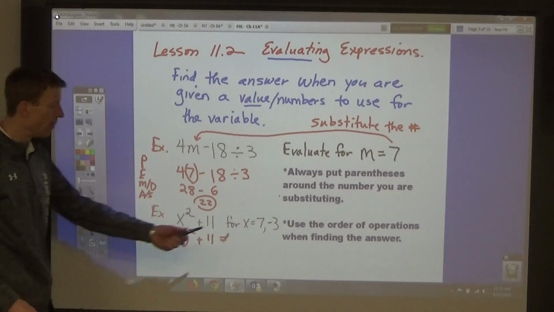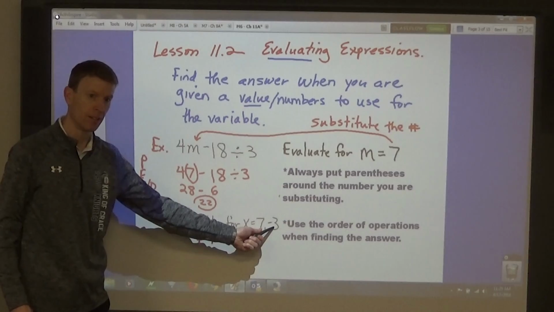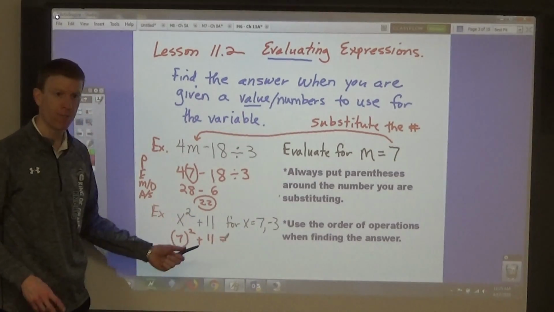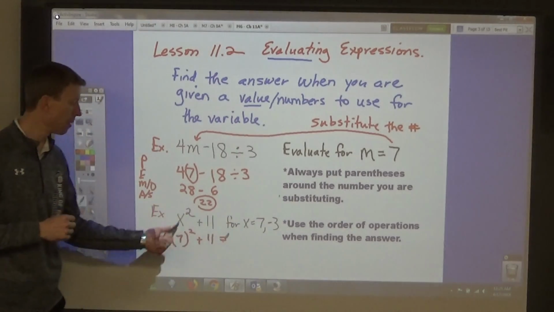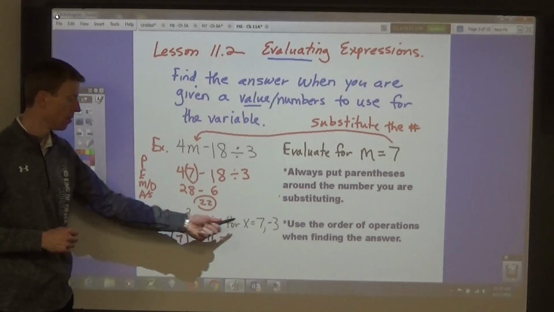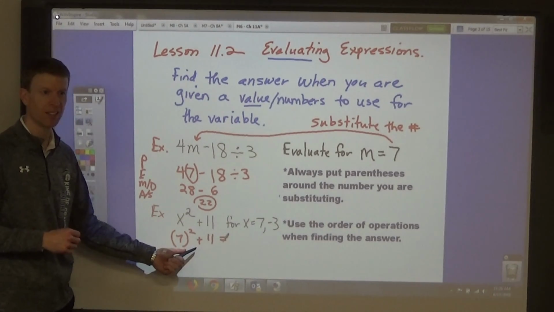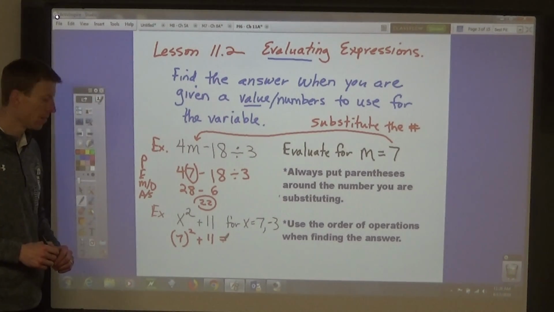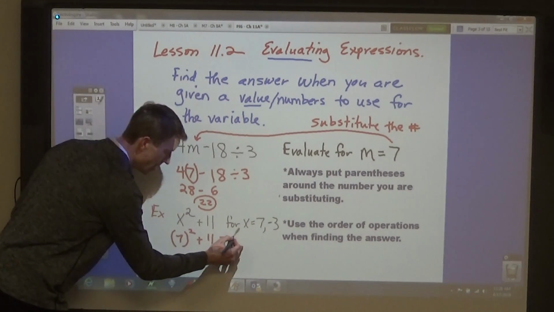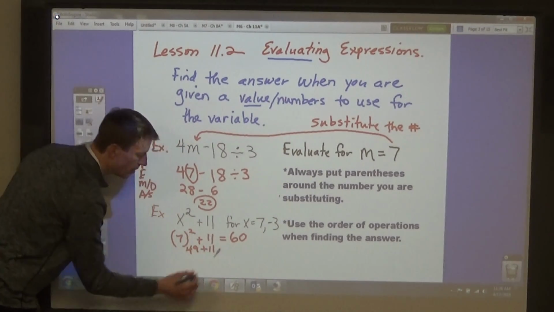No, it's giving you two values. It gives you 7, and then a comma, and then negative 3. So we have to do two different problems and find two different answers, substituting them in separately. 7 squared is 49, plus 11 is 60.